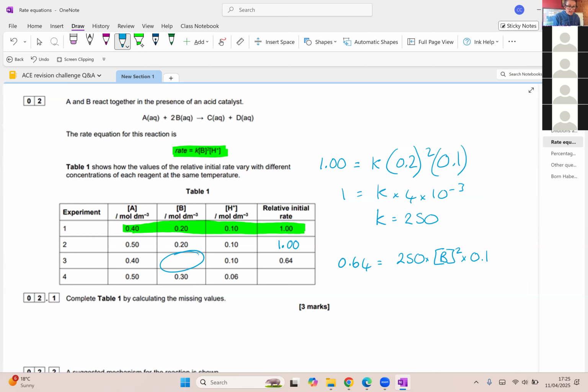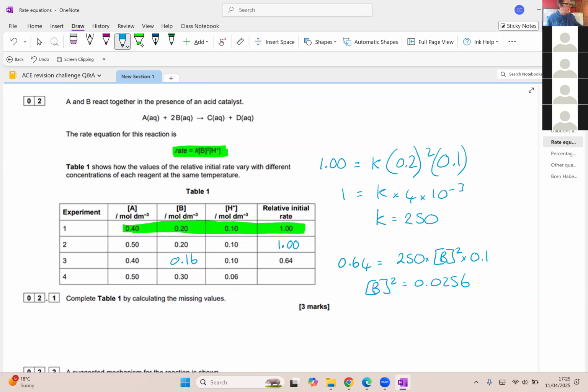If I put all of that in and divide by 0.1 and move all that to the other side, I get B squared is 0.0256, and then I can square root my answer, and I get the concentration as 0.16.